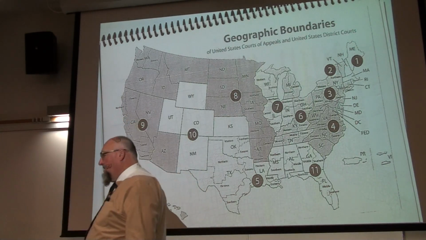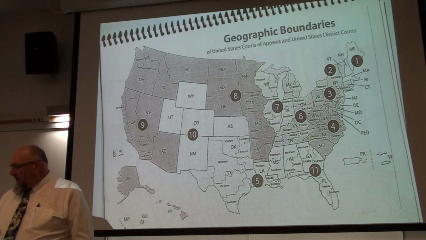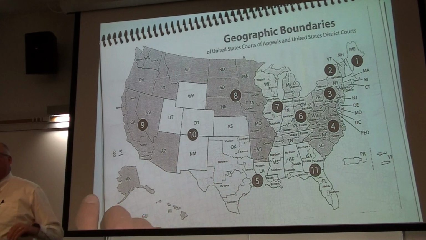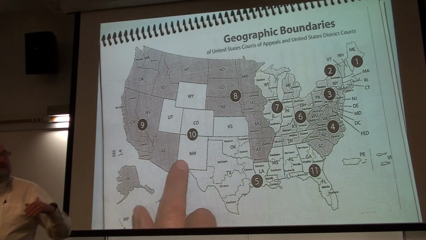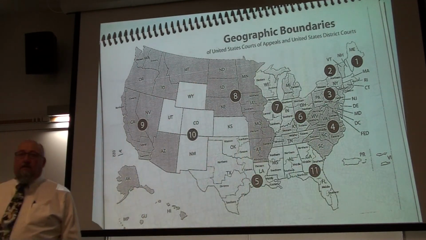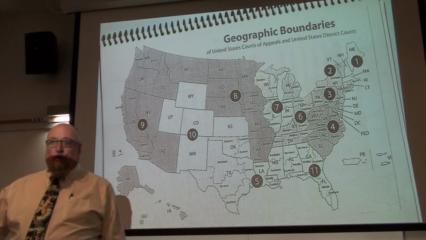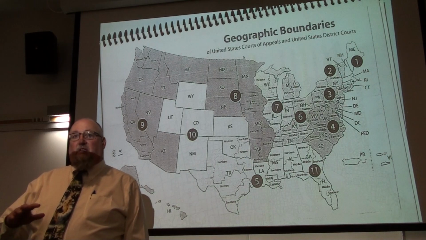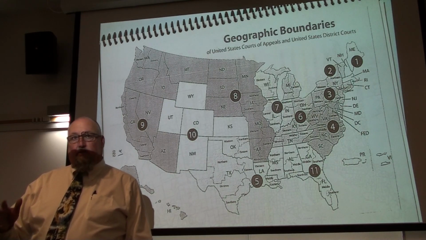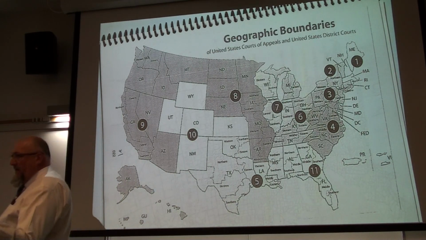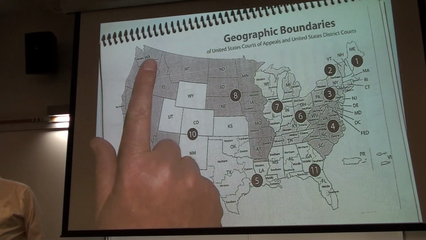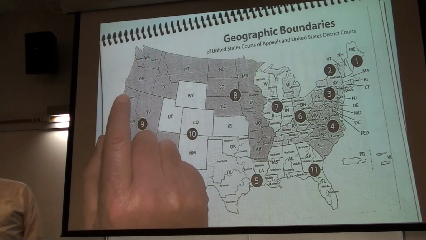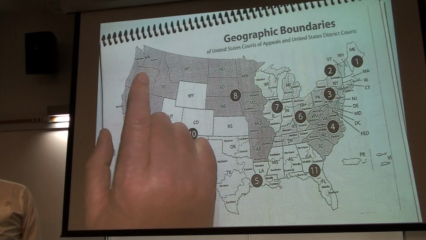To give you some idea of how many courts we have, in the federal system each state has at least one federal court. It's called a federal district court. And some states have more than one federal district. Oregon only has one, but Washington, for example, has 2, the western and the eastern districts.